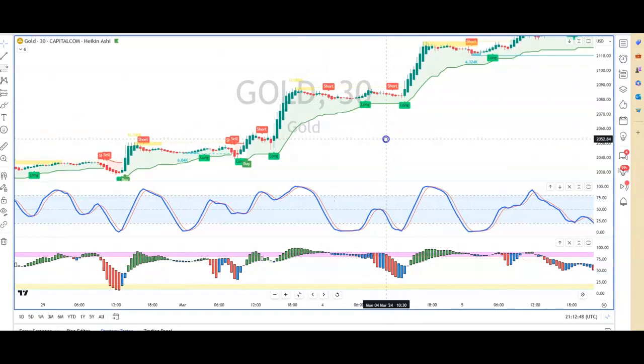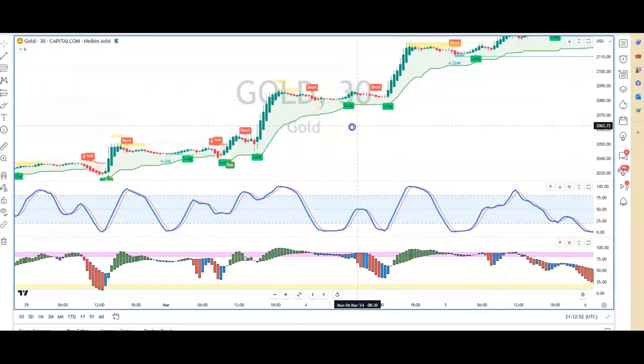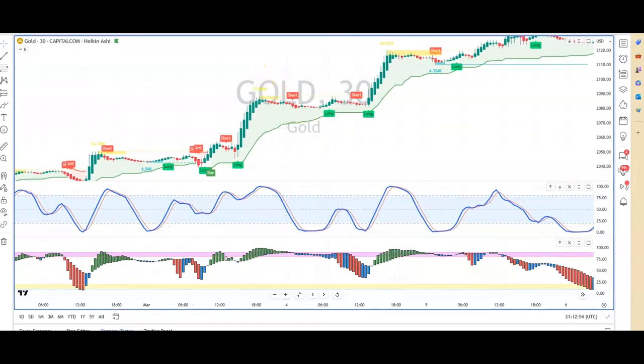It can be because you've got the structure, etc. But if you want the perfect entry, then you can enter on this one after this swing low. And as soon as the money flow goes green, then the money flow is going to drive the price higher because the banks are stepping in.